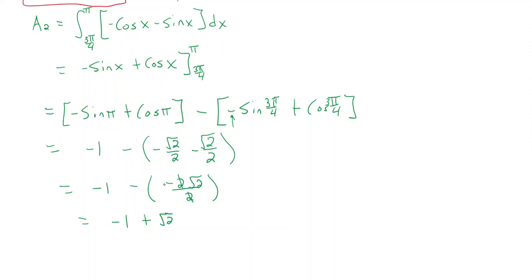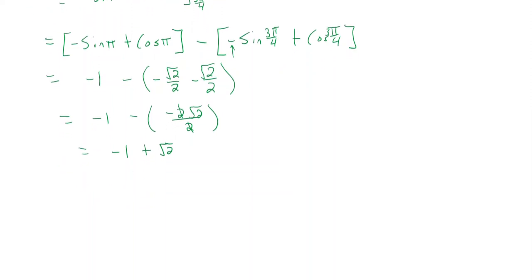So it looks similar to our last answer. Now let's add those all together. This was our area 2. So our final area for the whole thing, area total, would be area 1 plus area 2.